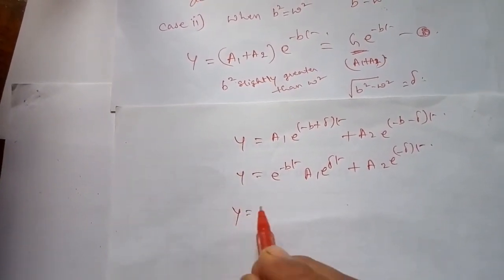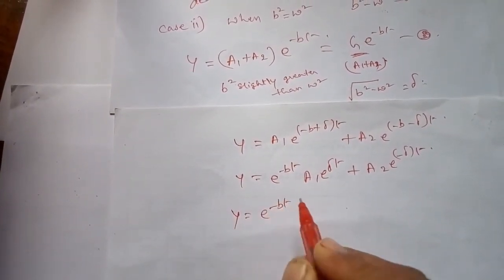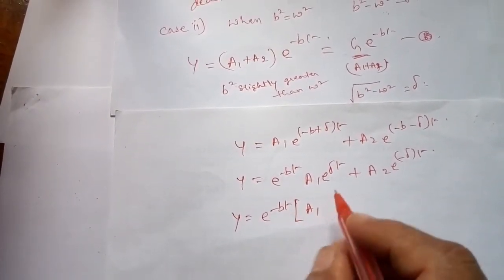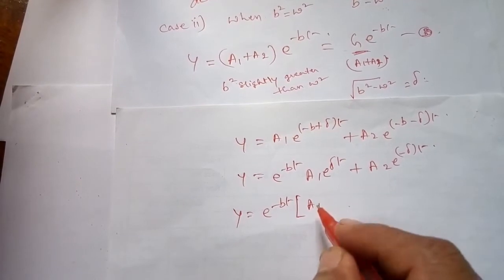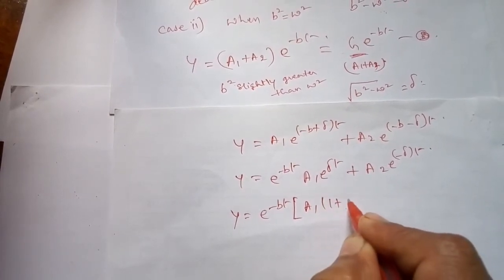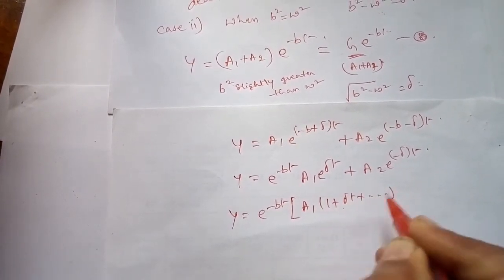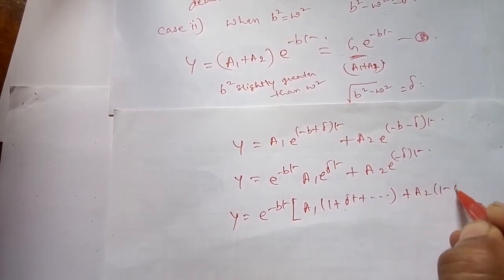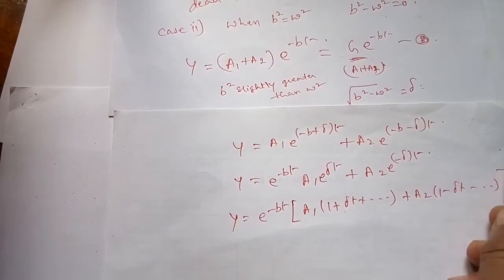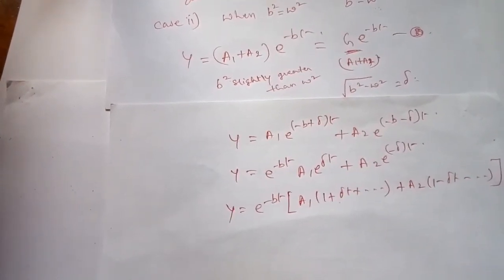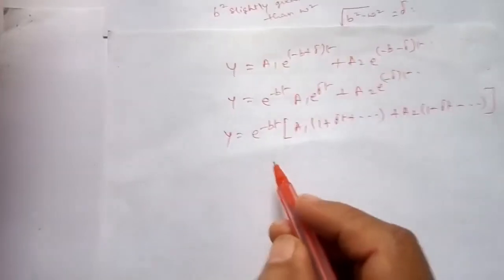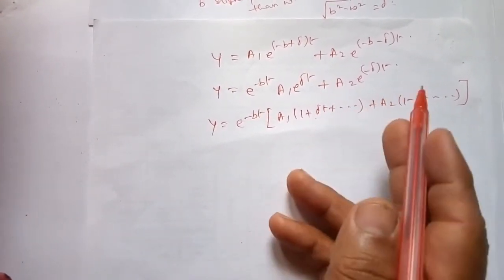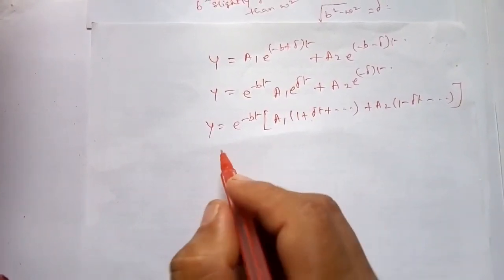You can expand this, similar to e to the power x. On expansion it is a1 into 1 plus delta t plus so on, plus a2 into 1 minus delta t minus so on. As delta is very small, terms containing squares and higher powers are neglected, so you are left with only the first two terms.